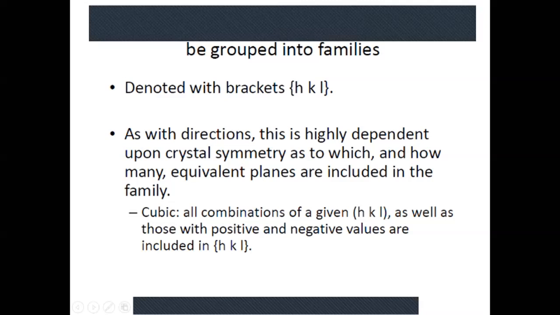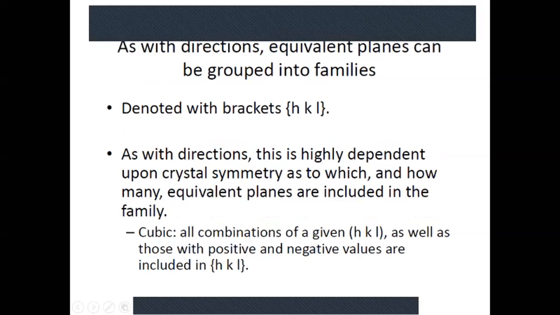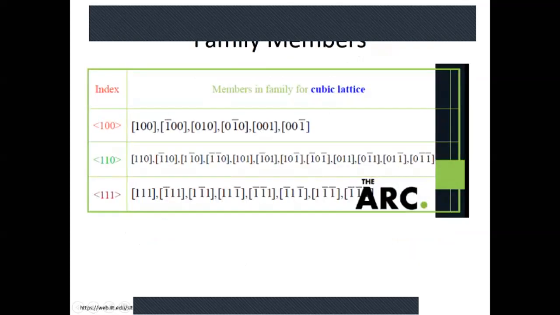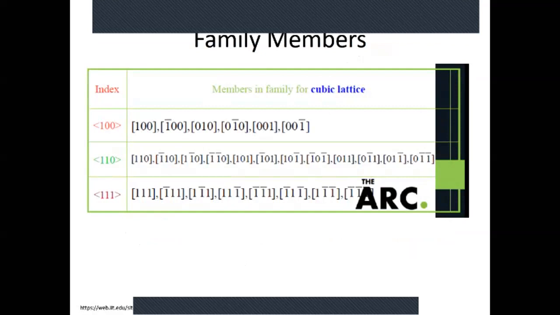So now I've got a few examples I wanted to show you. So here's showing you, for example, family members of the cubic lattice. So what are family members? They should be brackets, not less than signs.